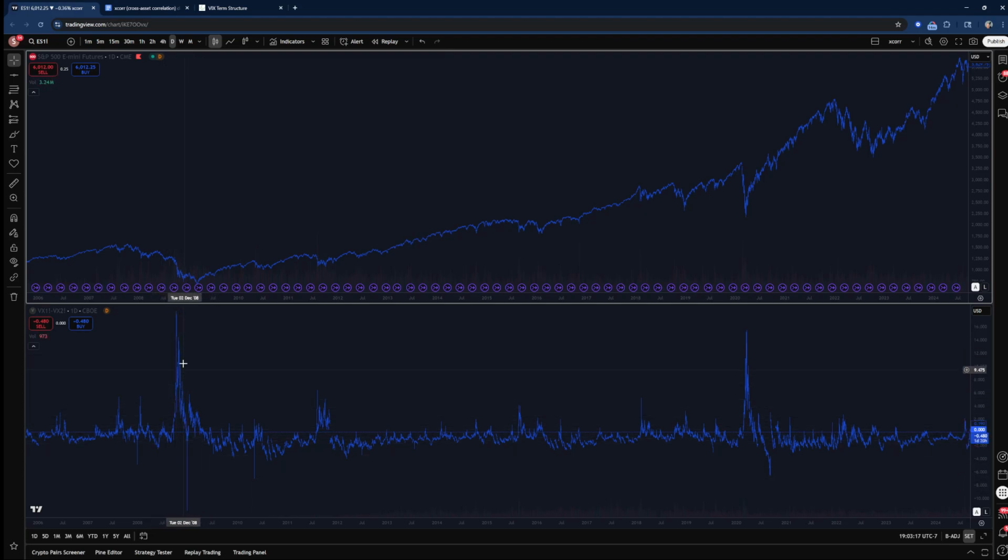It went way positive. Oh, this is minus, so it's like, hey, the front month is pricing in 15% more move than the back month. That's pretty insane.